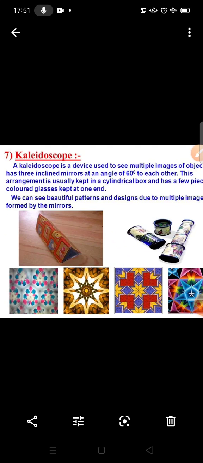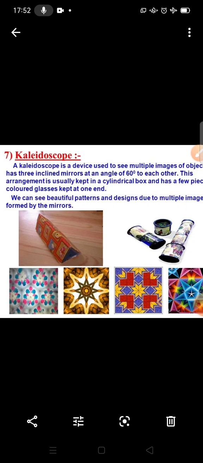This periscope is commonly used in submarines by the military for spying. Both are very important. In a kaleidoscope you can see very colorful patterns, and the periscope is used by submarines.